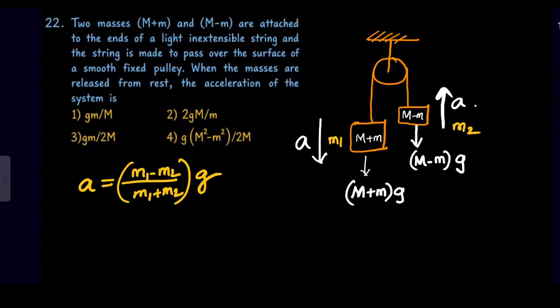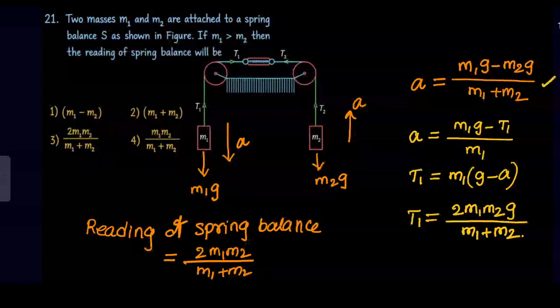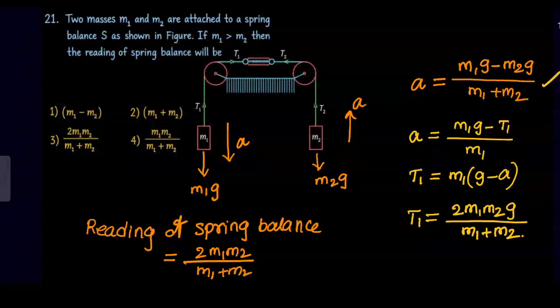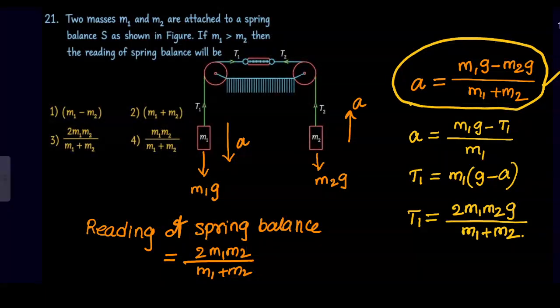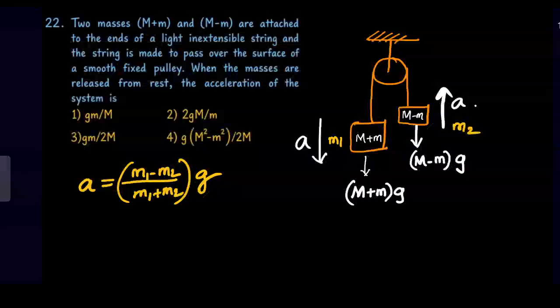Remember, just what we have seen earlier. If you see this, g common we have taken, that's it. So this is the standard formula. Whenever we have two blocks like this, directly we can use this formula: M1 minus M2 by M1 plus M2 into g.